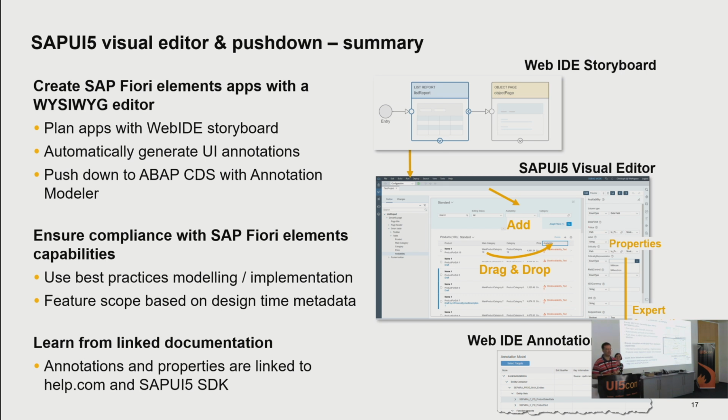And also UI5 provides change handlers in case I'm doing any actions like adding a column, as you have seen in the demo, or moving a column. Then a change handler defines the procedure of what has to be done. For example, if I'm adding a column, that means I have to write a new line item annotation. It takes the existing line item annotation, adds a new column to the list, and writes a new line item annotation. And this is driven by a change handler.